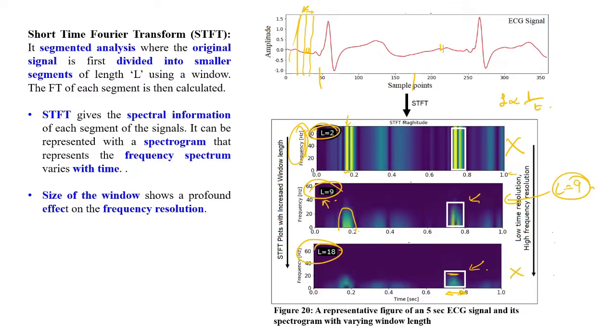Whatever window period you choose will be associated with some frequency component, and there will be either very good frequency resolution or very good time resolution. You have to contemplate both and come to an optimal position where you get optimal frequency and time resolution, and from there you can go for the analysis.